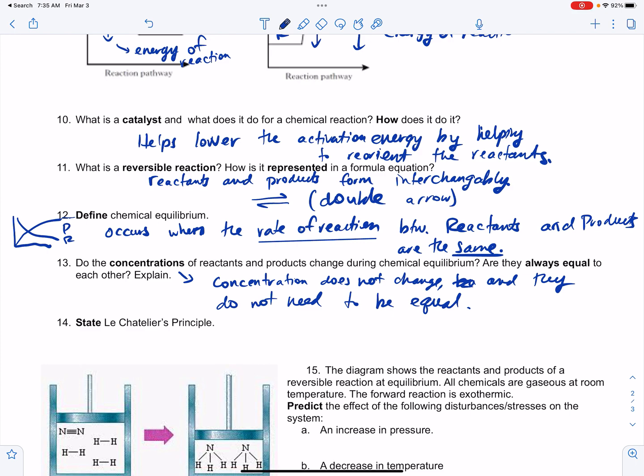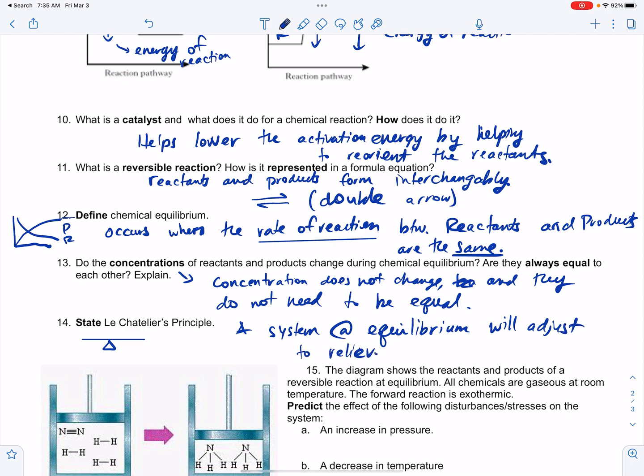Le Chatelier's principle. So, a system. So remember that teeter-totter example, right? A system at equilibrium will adjust to relieve stress.